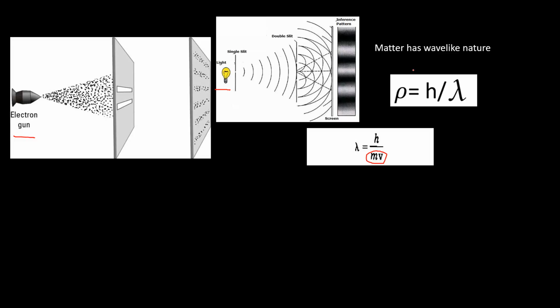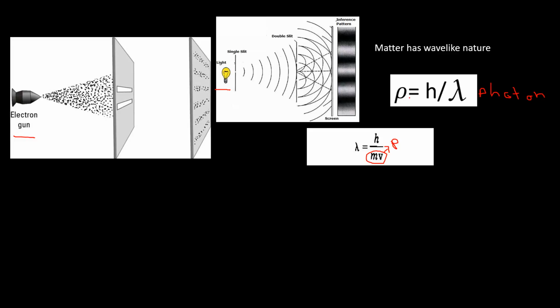He used this equation for the momentum of photons to find another equation for the wavelength of electrons. Because wavelength equals Planck's constant over momentum for photons, this same rule could apply for electrons. So yes, wavelength equals Planck's constant over momentum, and for electrons which do have mass, momentum equals mass times velocity.